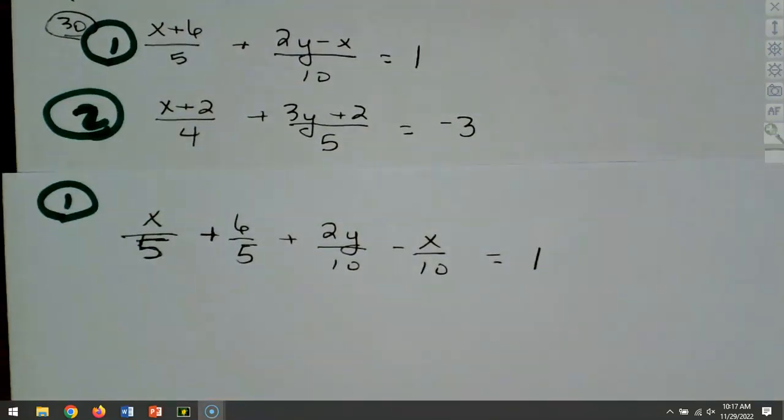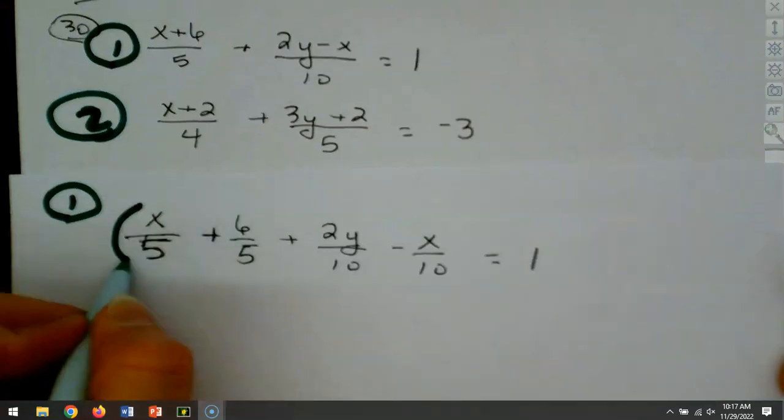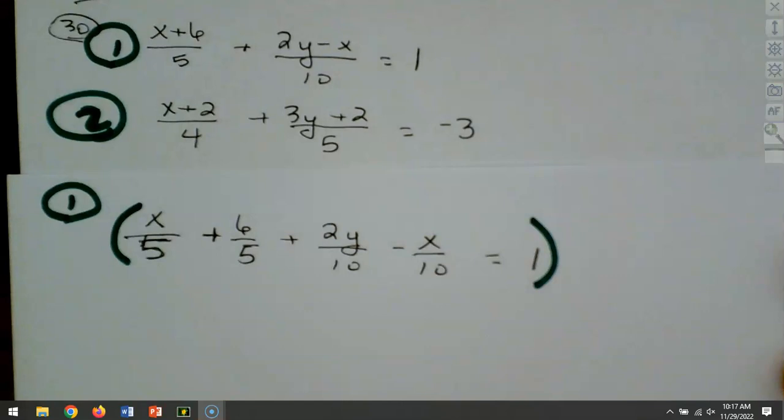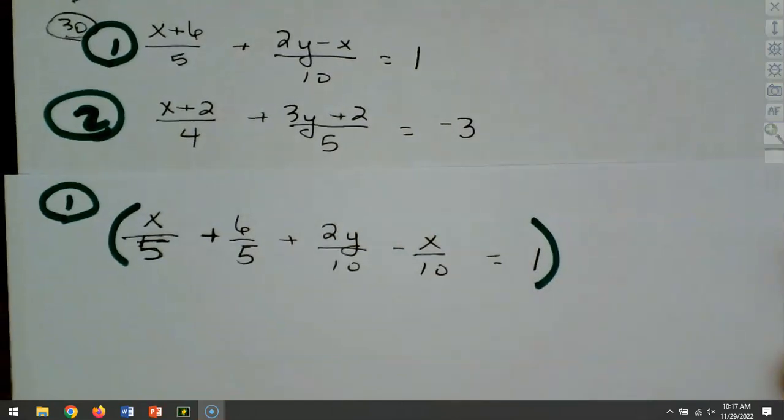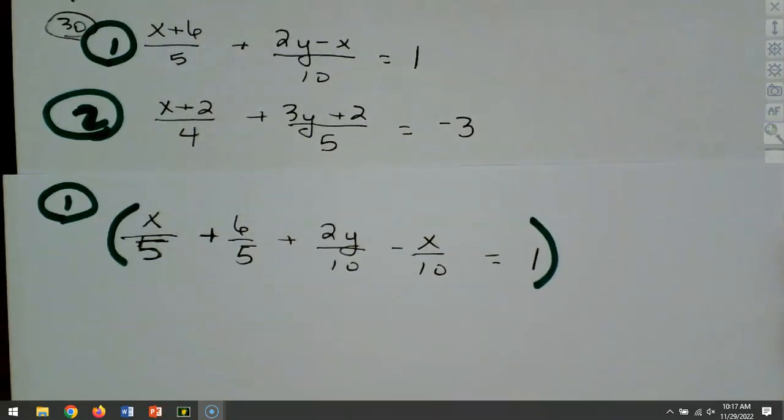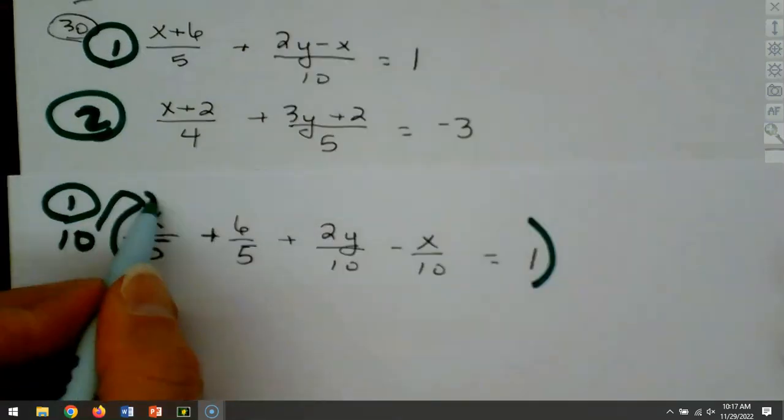Now, what do I use for my common denominator? What do we have? We have 5s and 10s. So, multiply everything by what? Can someone tell me? What would I multiply everything by? It looks like we're going to multiply it all by 10, right? Okay, so multiply everything by 10.